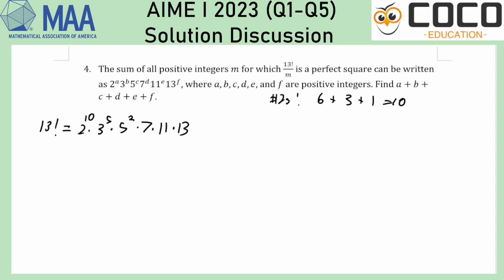How would that go? Well, I'll write it this way. 7, 11, and 13, there's only one of them, so you do need to get rid of them. Now, for 3, you have to get rid of at least one of it.